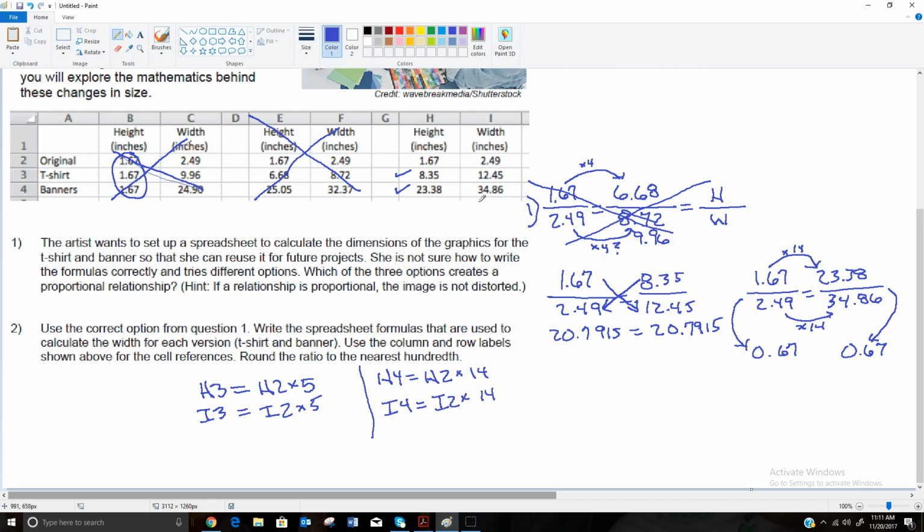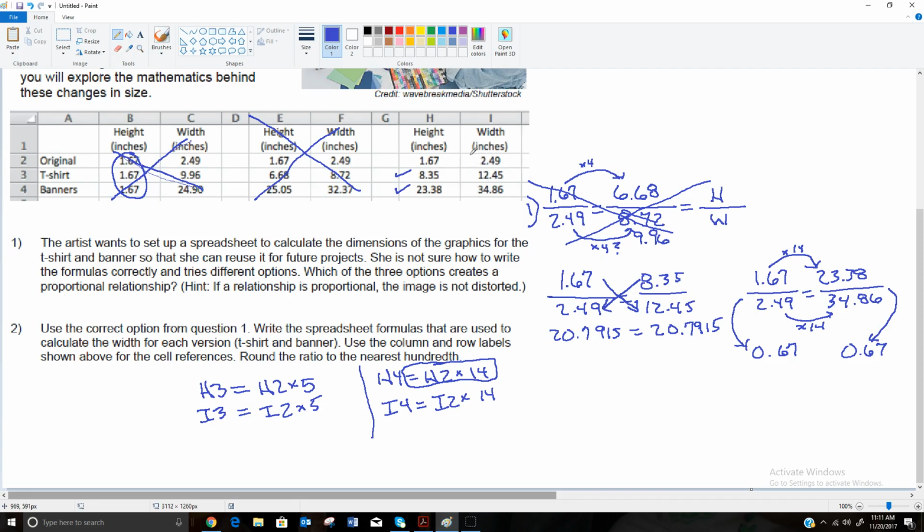And then this way, if they put these in here rather than just putting the numbers in, if they actually put this formula into that cell, then it would calculate the height and the width no matter what you put in for the original size. So you could change the original size of the logo, and it would calculate how big should the t-shirt logo be, how big should the banner logo be. So sometimes they'll use that in the spreadsheet so that they don't have to keep recalculating it.